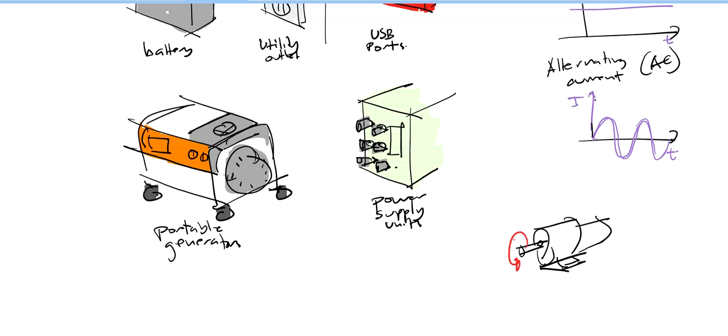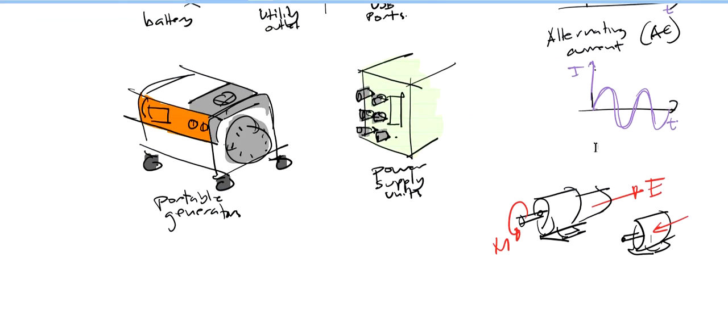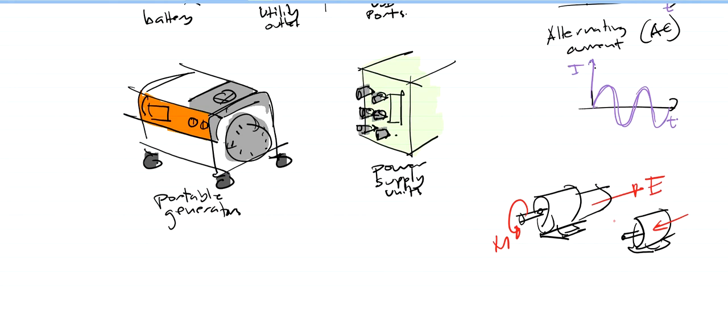We need to rotate the shaft so that it can output electrical energy. So you input mechanical energy and the output is electrical energy. Whereas for an electric motor, the input is electrical energy, say if there is a cord right here and we insert this cord into a utility outlet, then it produces mechanical power. That's the difference between the two.